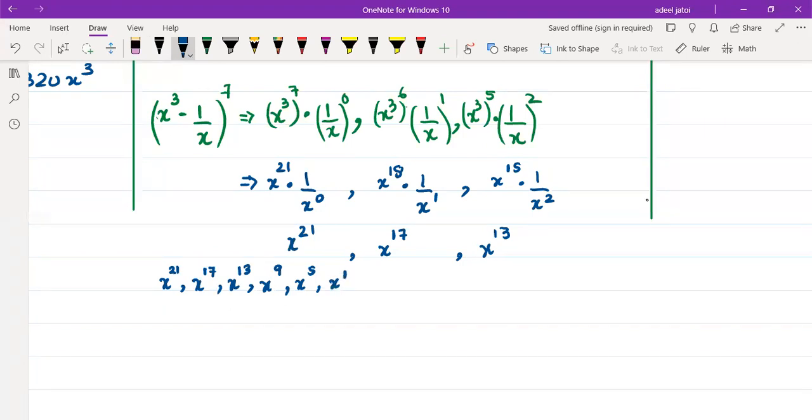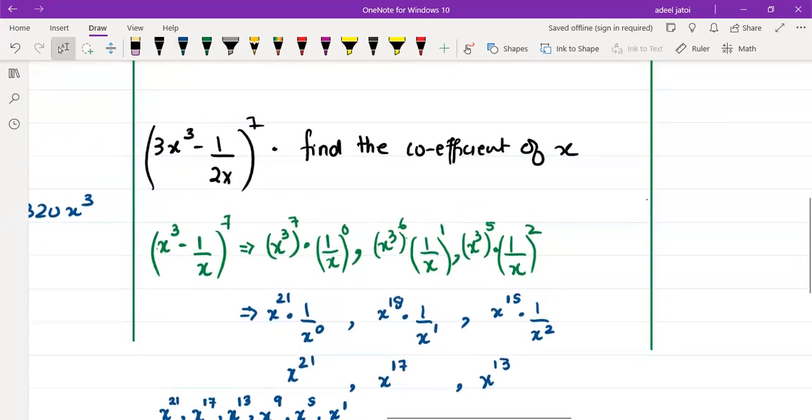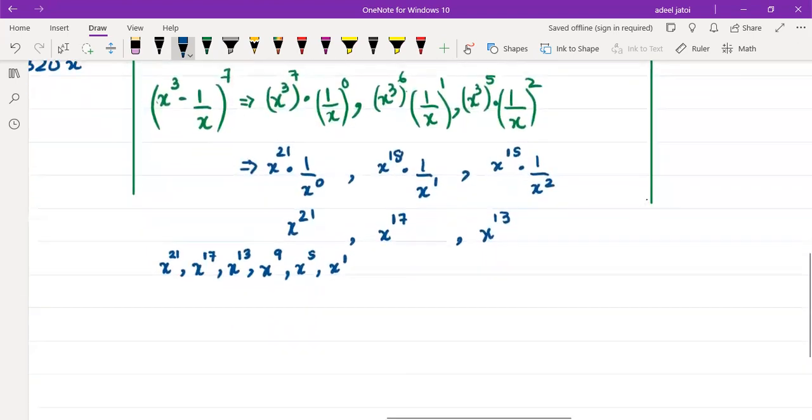So when it said find out the coefficient of x, that means this has power 1. And x to the power 1 comes when? T1, T2, T3, T4, T5 and T6. My sixth term is with the coefficient of x.